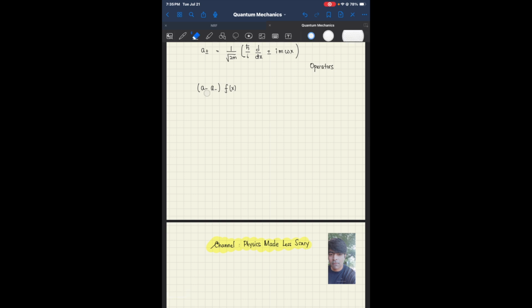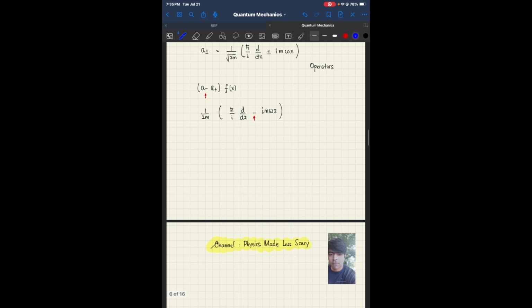Let's start by following Griffiths. Let's start with A minus A plus first. So it's 1 by 2m. As I mentioned, if you are to read the minus, you have to read the minus from here. The lower sign goes to the lower sign. So it's h bar by i d/dx minus, because I'm taking the minus first, minus i m omega x.